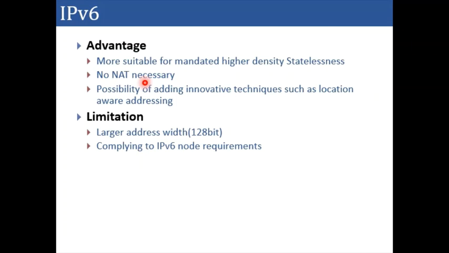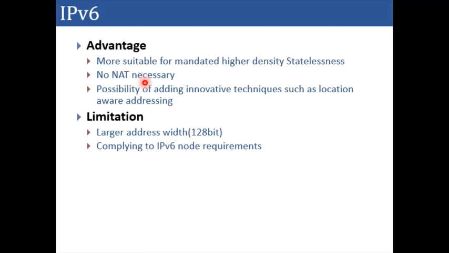method of remapping an IP address space into another by modifying the network address information in the IP header of the packet while they are in transit across a traffic routing device. This technique was originally used to avoid the need to assign a new address to every host when a network was moved or when the upstream internet service provider was replaced but could not route the network address space.